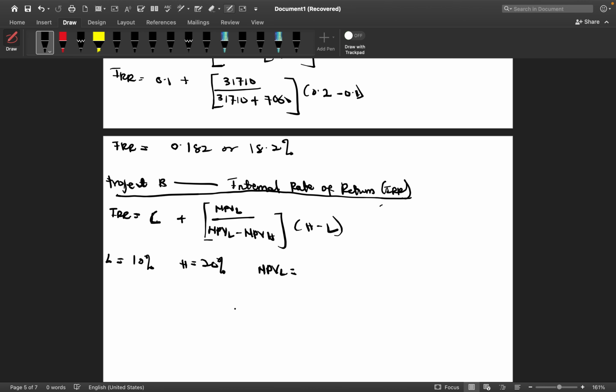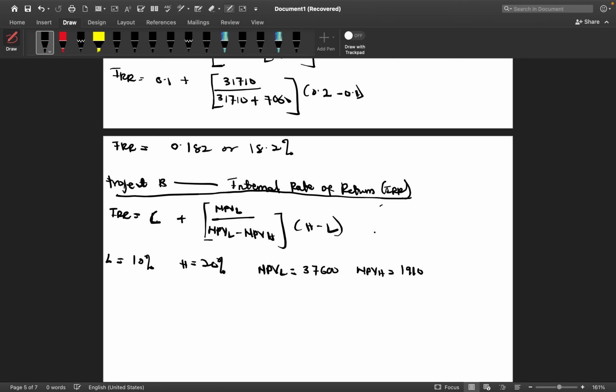So the NPVL, lower rate for project B, was 37,600. Then NPV at a higher rate for project B, we had 1,910.